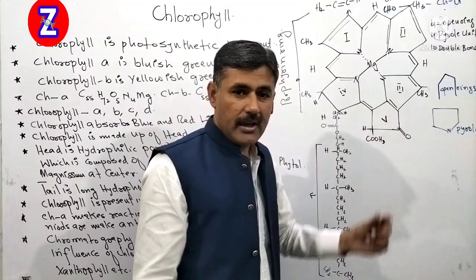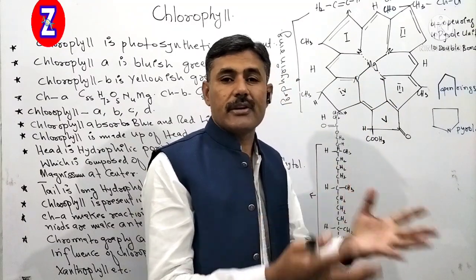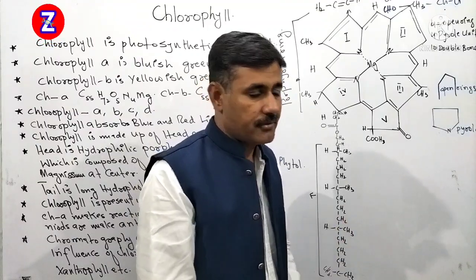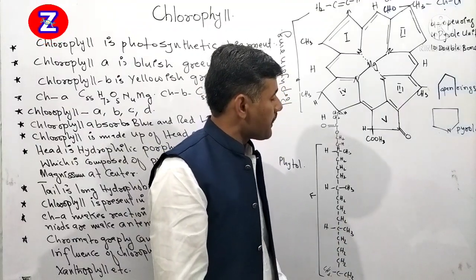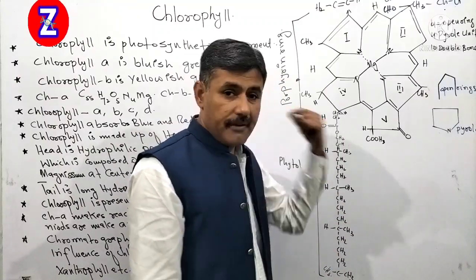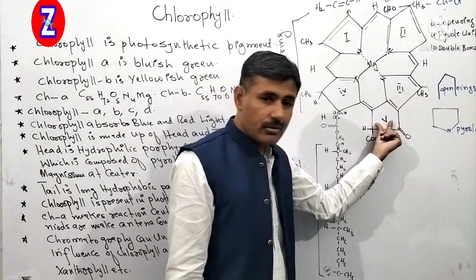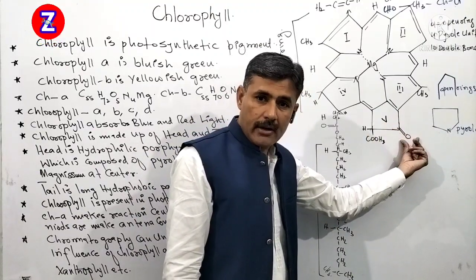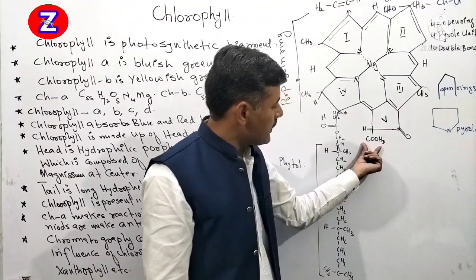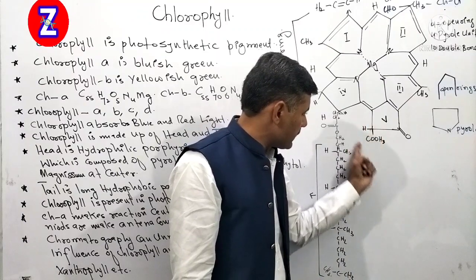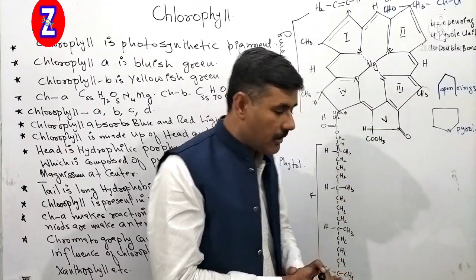This magnesium is the central structure which plays an important role in emitting the electron and starting the process of photosynthesis. For the further structure, we'll have to add a 5th 5-carbon ring also, and this is the 5th 5-carbon ring. We'll have to add oxygen here, and then add C double bond O and CH3 on this carbon.